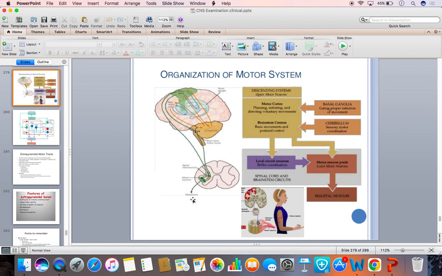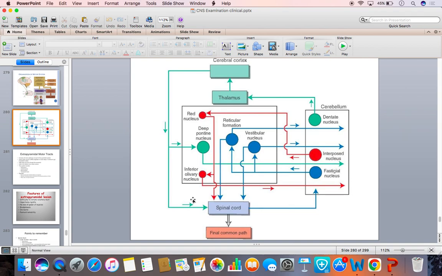That is, higher centers at the motor cortex are combined with the fibers coming from the basal ganglia and the cerebellum, ultimately becoming the bundle of fibers that controls the lower centers in the spinal cord and ultimately the skeletal muscle. This is again looking into the organization of the motor system.